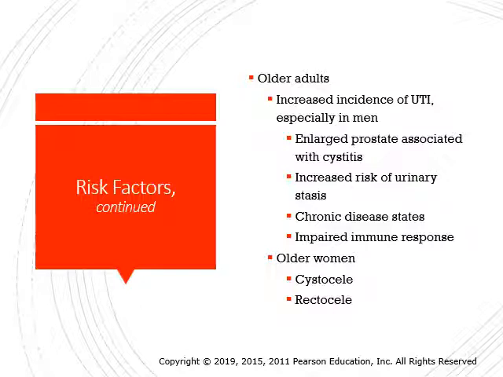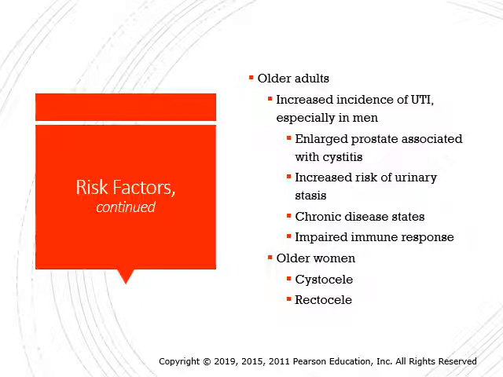Chronic disease states can put the older male at risk for urinary tract infection, as well as an impaired immune response. And then older women, there's two things that place older women at risk for urinary tract infection. These do occur in younger women, but less frequently. A cystocele, which is a prolapsed bladder, so the bladder has fallen toward the distal portion of the pelvis, and it should be more suspended upward towards the abdomen.